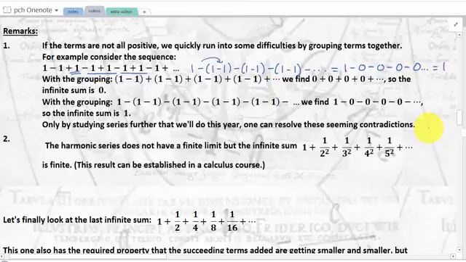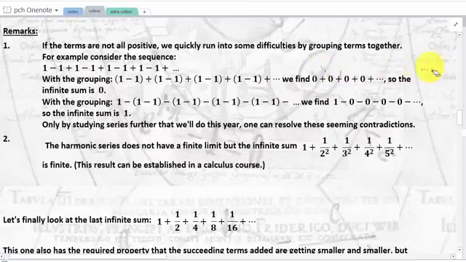All right? So here's a seemingly contradiction here. Depending how you group terms, this can give you 0 or 1. That doesn't make sense, right? A sum cannot have two different values, right? So what's the problem here?